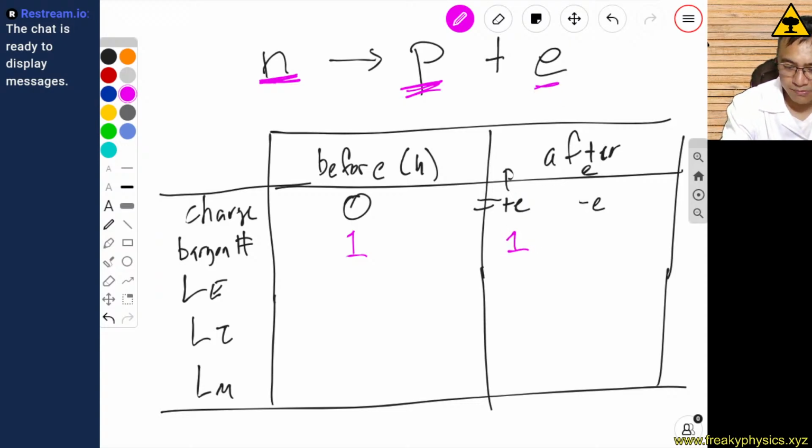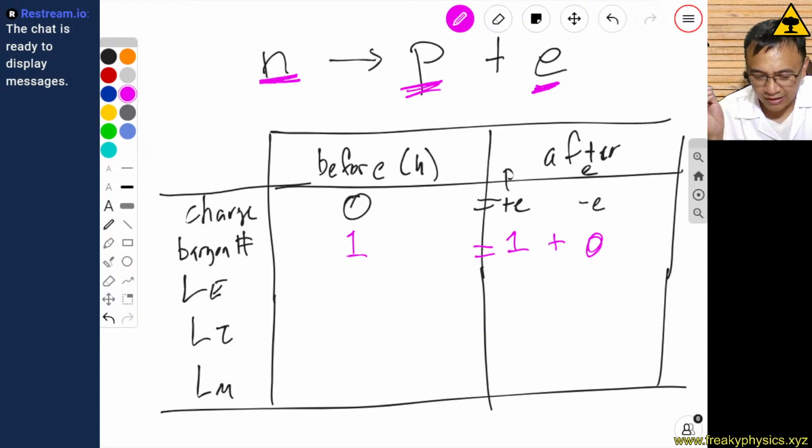And the electron's baryon number is automatically 0, because the electron is not a baryon. The electron is a lepton. Hence, its baryon number is 0. So plus e minus e gives you 0, and 1 plus 0 gives you 1. So far, those match up.